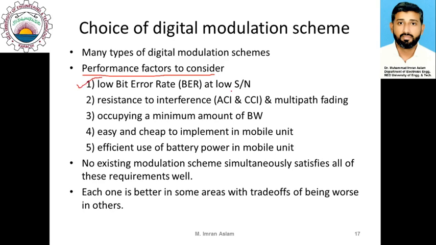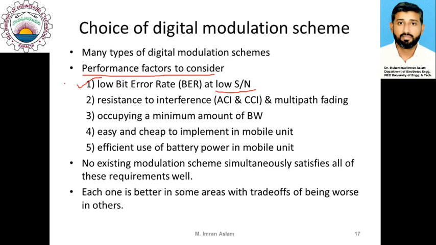These performance criteria include low bit error rate. We want to have a relatively low error when the signal transmits over the channel, and we also want this low bit error rate at low signal to noise ratio, because low signal to noise ratio means we want to put lesser power into the signal, and with that lesser power we want as low a bit error rate as possible.